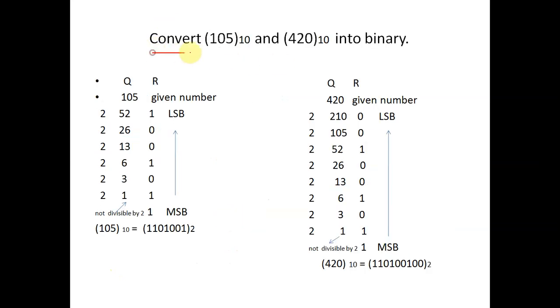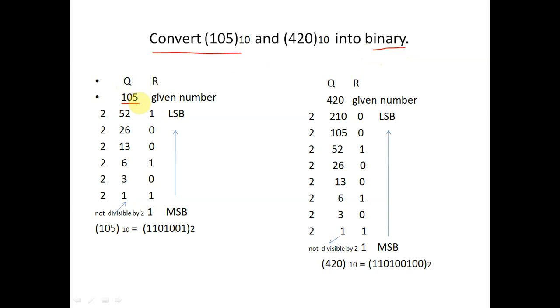These are some examples. Convert 105, a decimal number, into binary. How is the decimal number converted into binary? This is the procedure. Q is nothing but quotient and R is nothing but remainder.